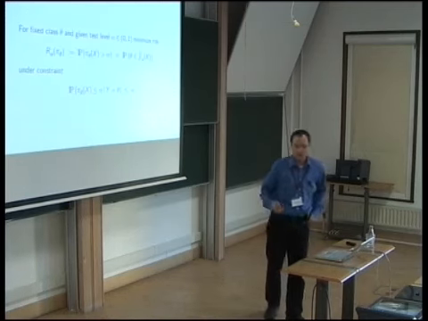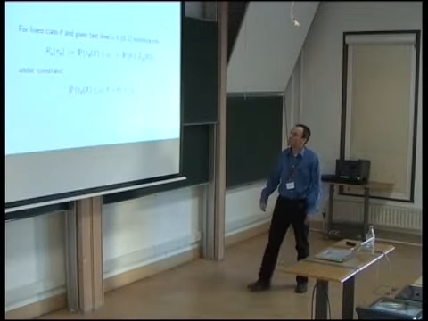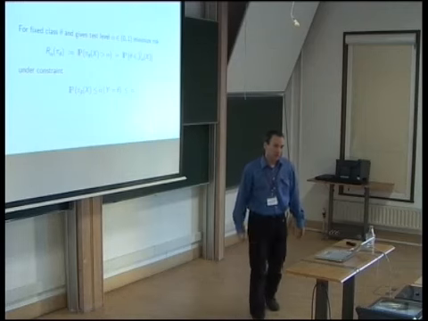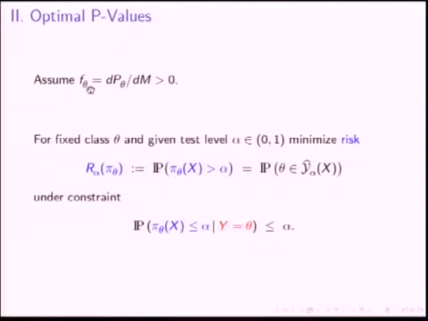Okay, now you can just imitate the classical theory for optimal classification in terms of p-values. So let me assume that the densities are strictly positive, and then for a given class theta and a given test level alpha, I try to minimize the risk, which is just the probability that my p-value is greater than alpha.